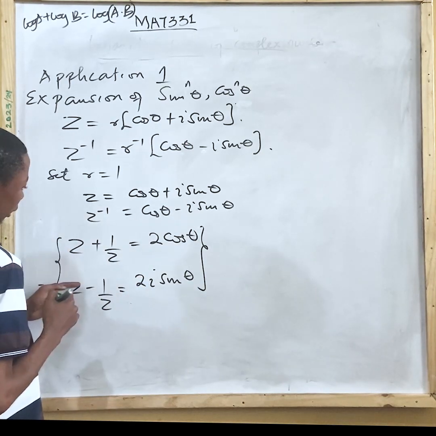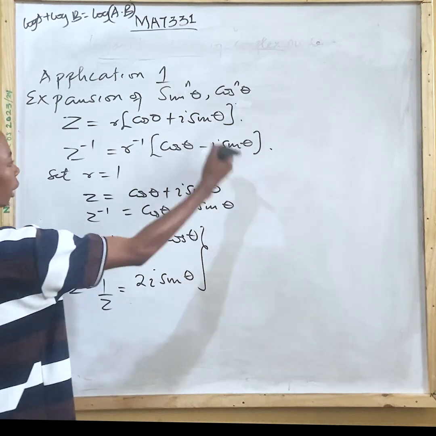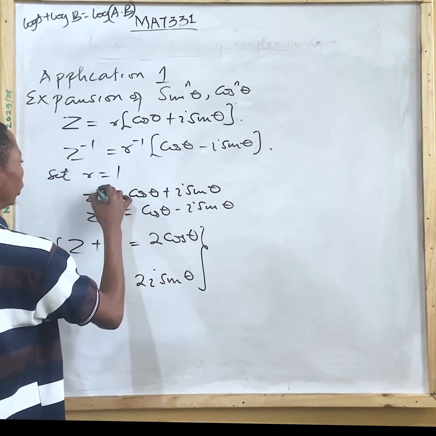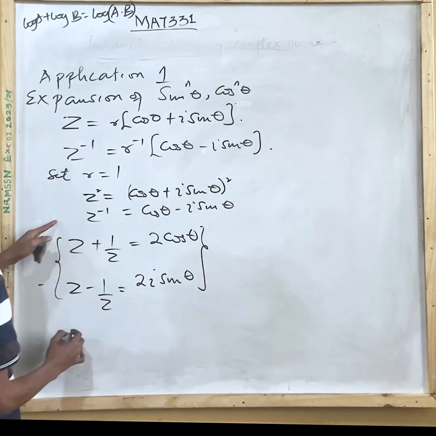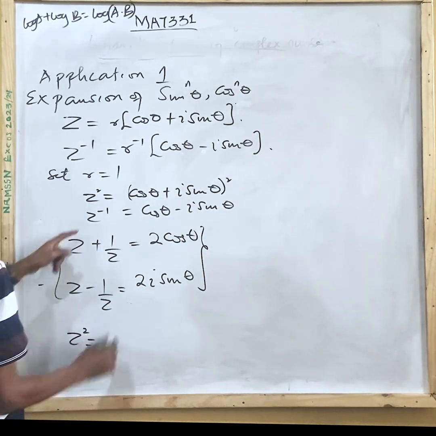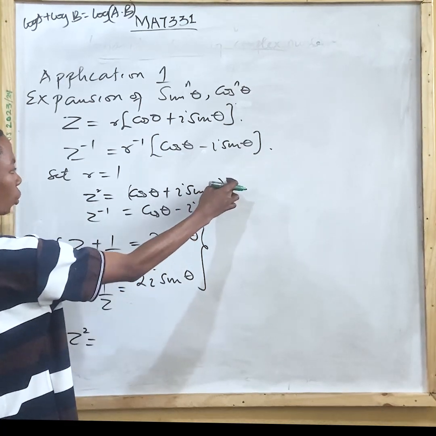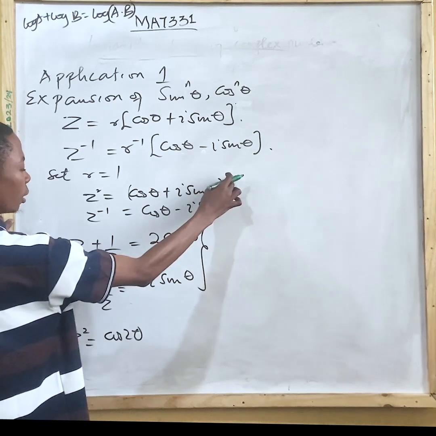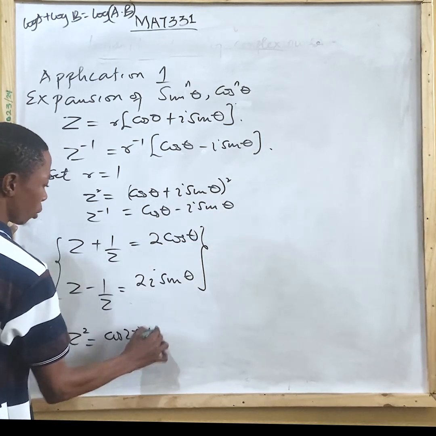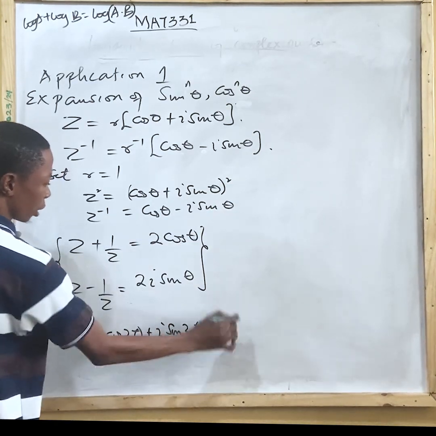Now if I generalize, suppose I now take the square, z squared. According to De Moivre's theorem, these two will multiply, and it will turn to cos 2 theta, plus i sine 2 theta.